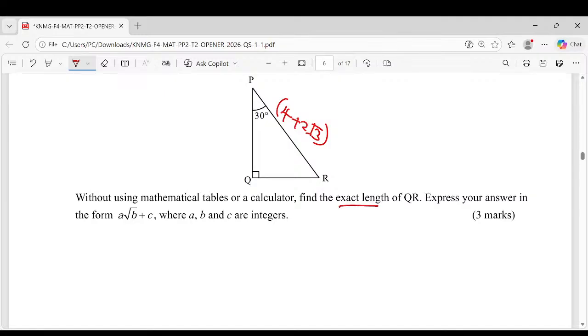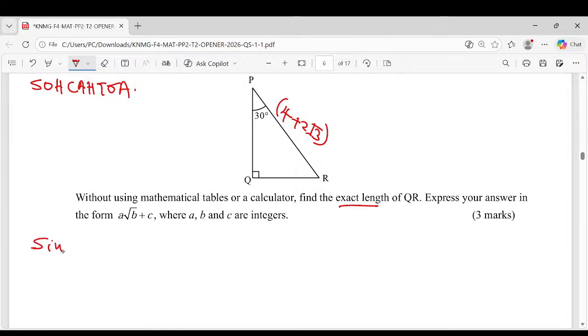So let us borrow something from SOH CAH TOA. You can see they want QR. So this is the opposite and hypotenuse. I'm going to use sine.